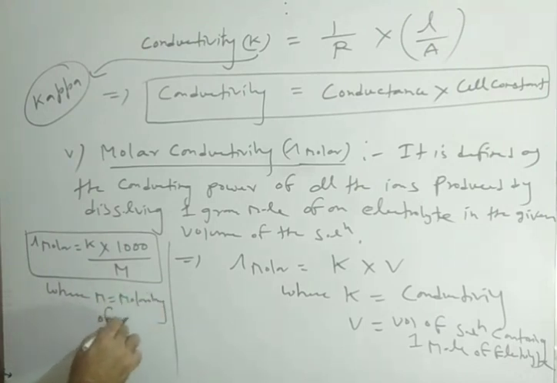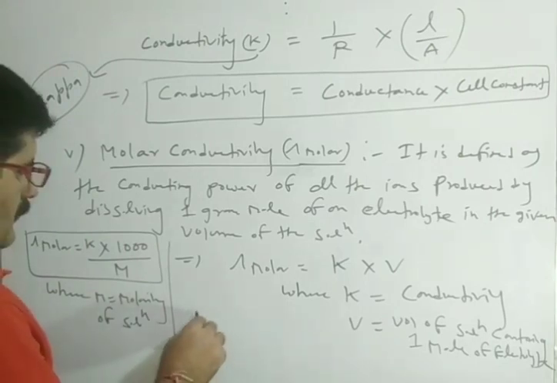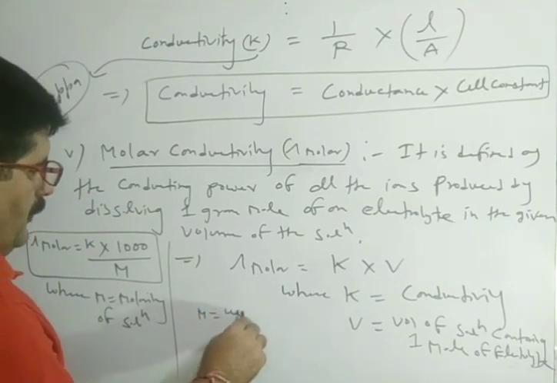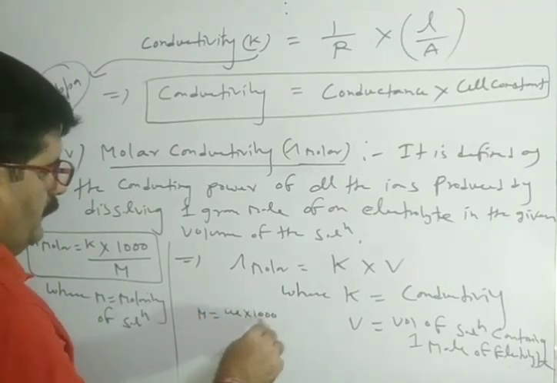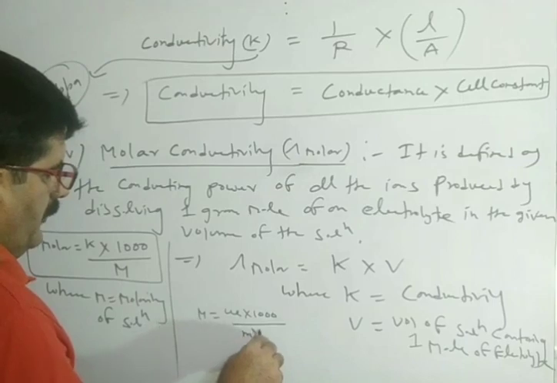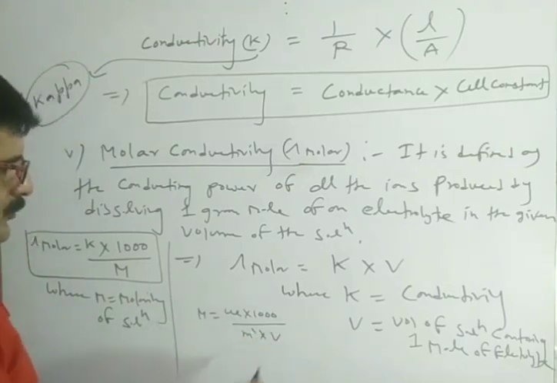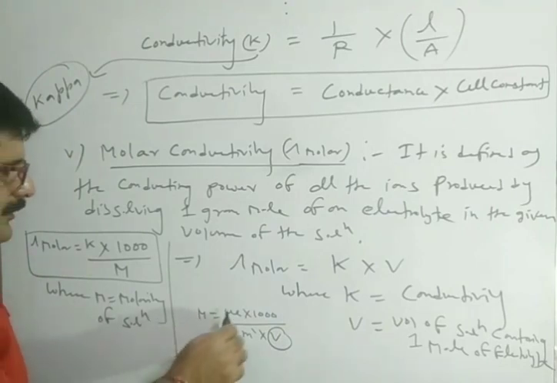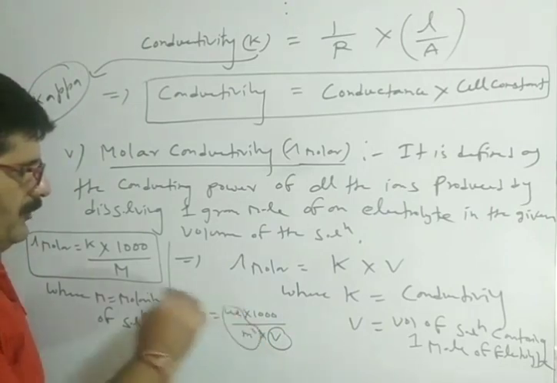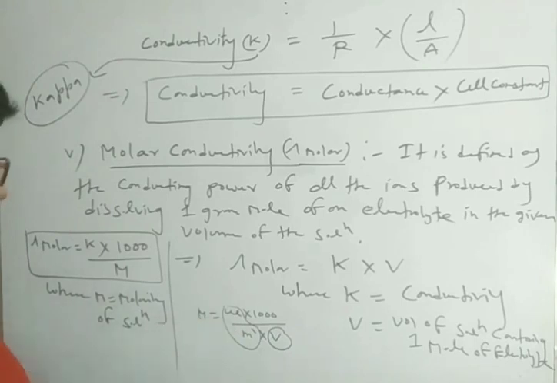molarity of solution. You know very well molarity is equal to W small into 1000 divided by M dash into V. Instead of V, you can write what? Molarity, and this is said to be what? Number of mole.